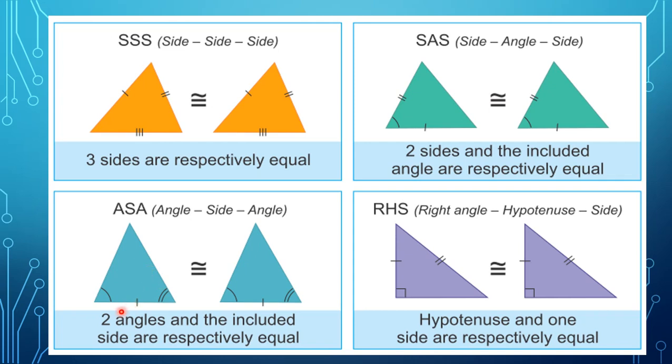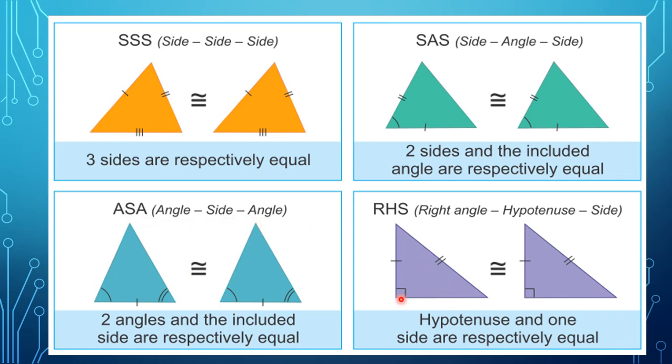Similarly here, the two angles and the side between them, the included side, are equal to those of the other triangle, so the triangles are congruent by the ASA, angle side angle, rule.